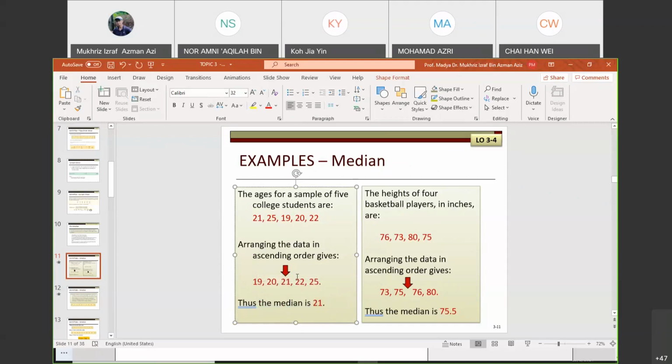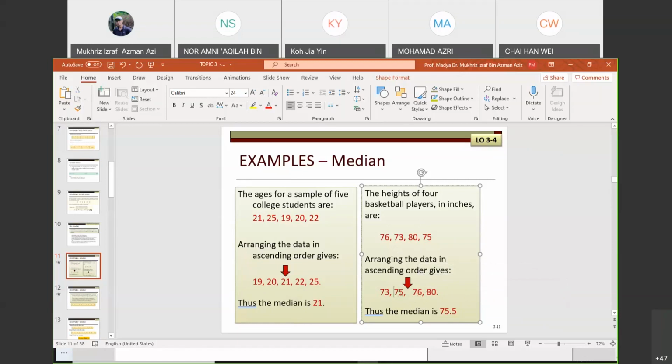For an odd-numbered data set, it is pretty straightforward, because it is quite easy to determine the number in the center. But if your number of data is even, nombor genap, you need to take the two middle numbers, add them and divide by 2. So let's say here you have 73, 75, 76, and 80.